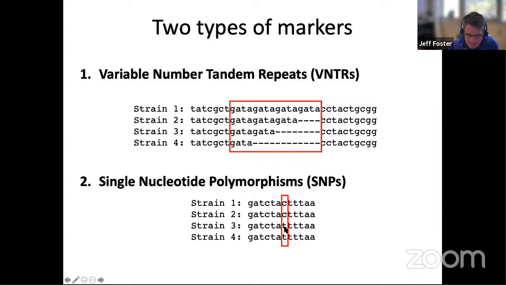And so if we just used this evidence from this locus, we would think that strains 1 and 2 are closely related to each other, and 3 and 4 are closely related to each other, and that they're different from each other. But we try to never base that on a single locus. We look across the genome for all of the SNP differences. And so if strains 1 and 2 share the majority of the SNP differences, that would support the likelihood that they're closely related to each other and less related to strains 3 and 4.